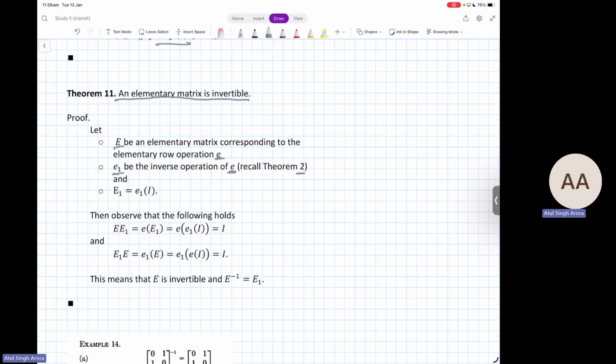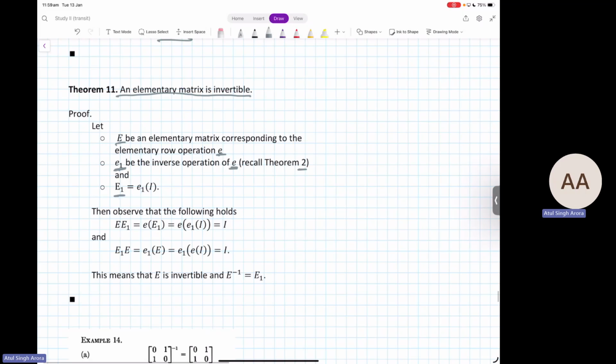Recall that in theorem 2 we said that for every elementary operation we can find an inverse of the same type. So let's denote by e sub 1 the inverse of e, and let's call capital E1 little e1 acting on identity, which is also how we define capital E.